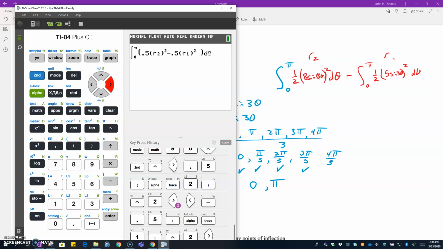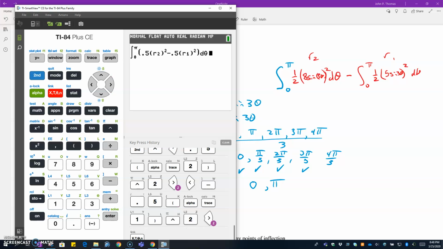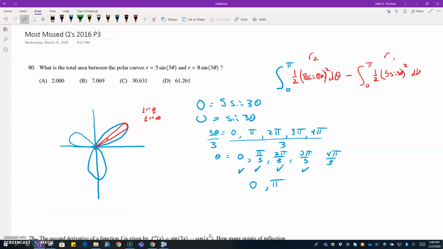And at the end, we're going to toss in a d theta, so I'm going to hit theta at the end. What this should do is find the area of the outer object minus the area of the inner object. To hit enter. It's going to take a second to think. And we get 30.631, which is choice C. So I would go with that answer.